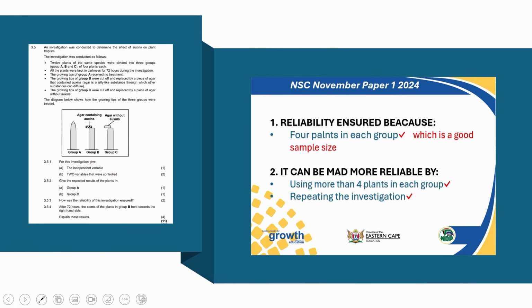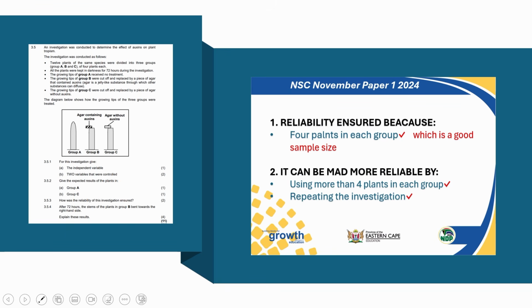Right, welcome back. Let's see how you did with those 2 questions. Firstly, looking at paper 1 from November 2024. In paper 1, their reliability was ensured because they used 4 plants in each group, which is a good sample size. It can be made more reliable by using more than 4 plants in each group.